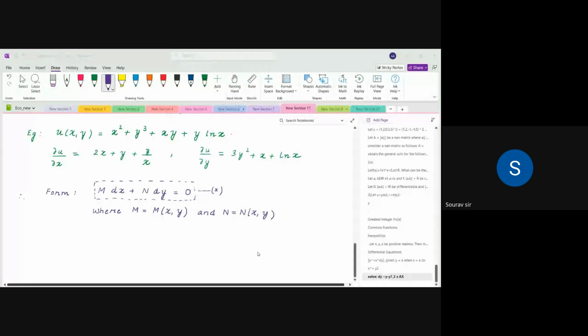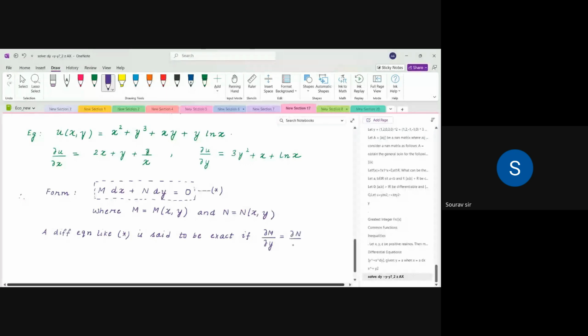So the idea says that a differential equation like this (star) is said to be exact if del M by del y is equal to del N by del x.